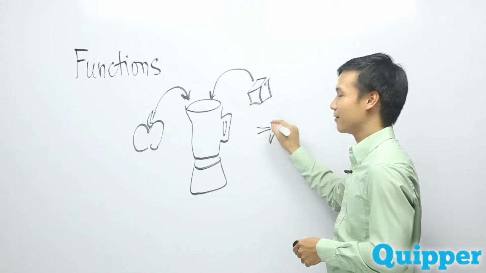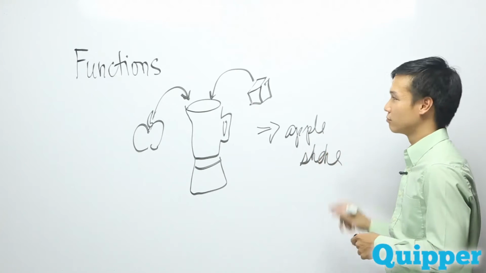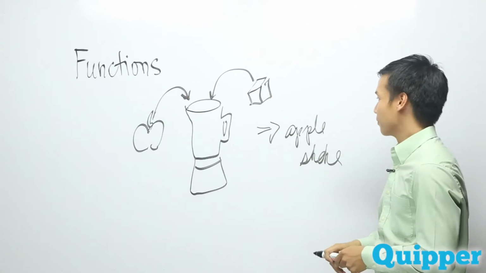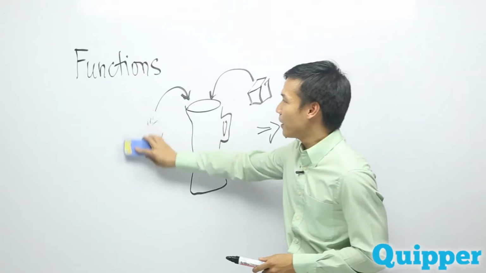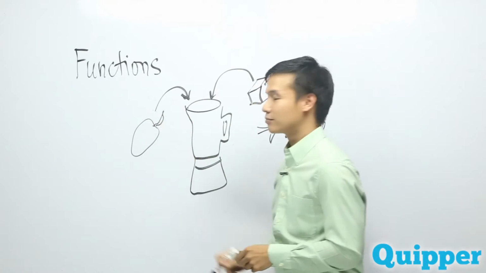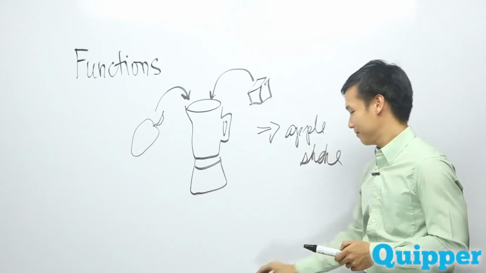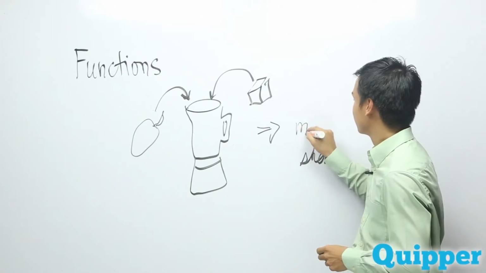We come up with an apple shake. So this is an example of an input. This is an example of an output. If we replace this fruit with, say, a mango, of course, we wouldn't be coming up with an apple shake. This will now be a mango shake.